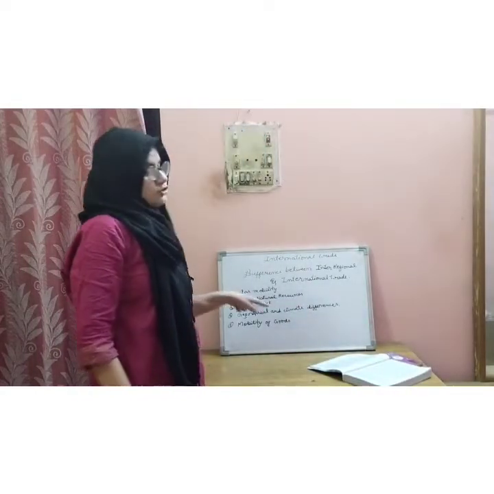The second difference between these two is the difference in natural resources. We know that the resources present in India are different from the resources present in America or Australia. That is why, just because of resources, trade between regions and nations arises.